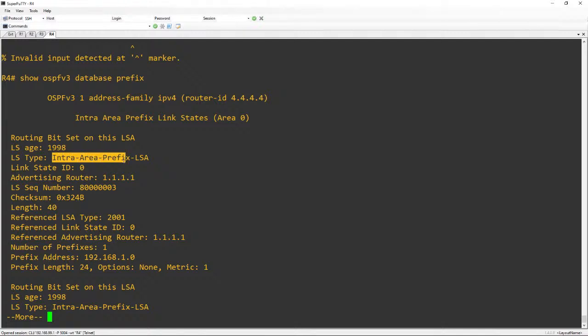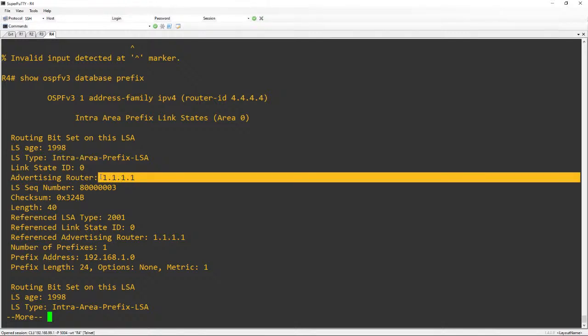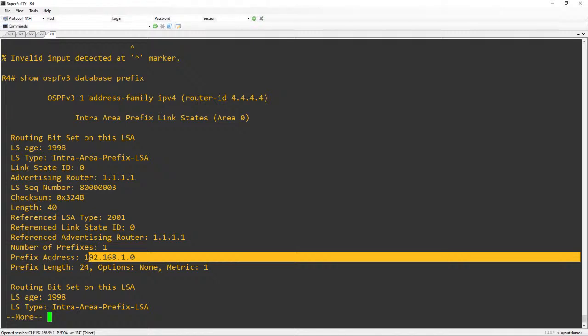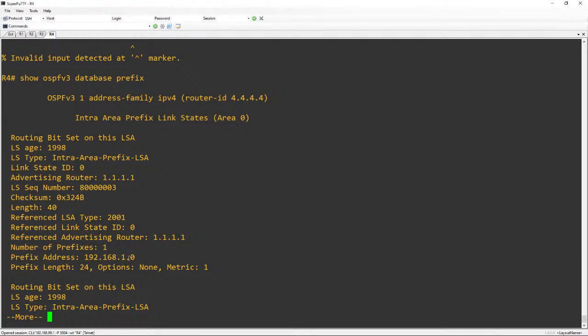So inter-area prefix LSAs, the advertising router is the ABR. In this case, that's router 1. Now, the 1.0, I'm on router 4. This is Intra.